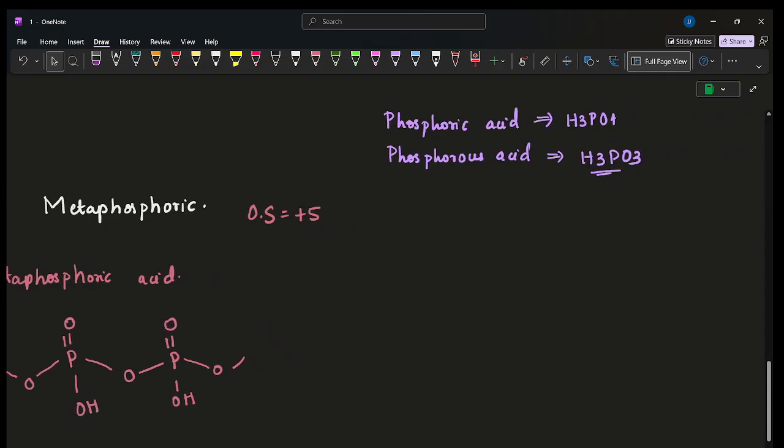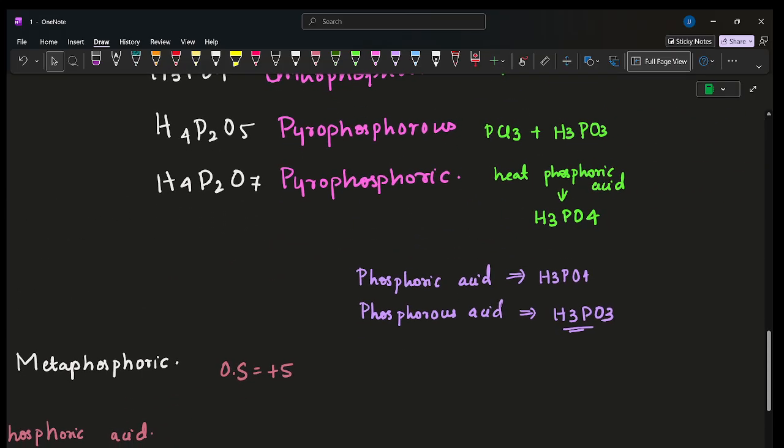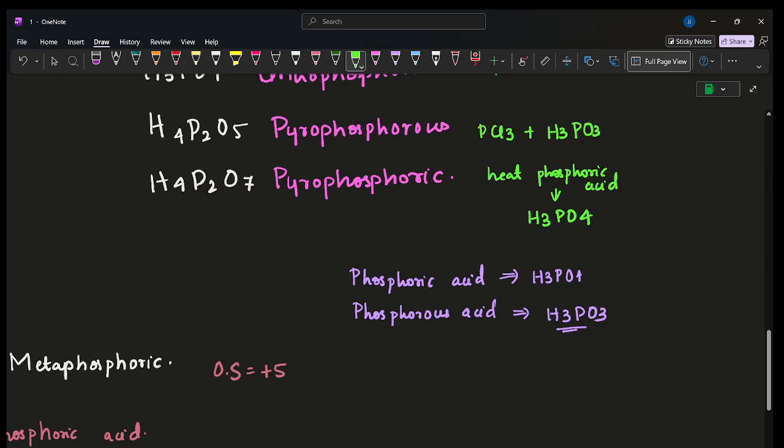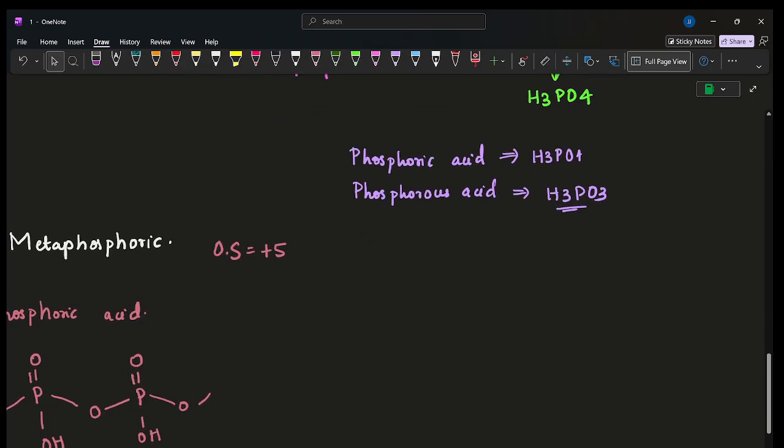Okay, above all, you also need to know the preparation. So here the preparation is phosphorous acid plus Br2, heat in a sealed tube. Phosphorous, what will we say? We just learned it's H3PO3, plus Br2, and you're gonna heat in a sealed tube.